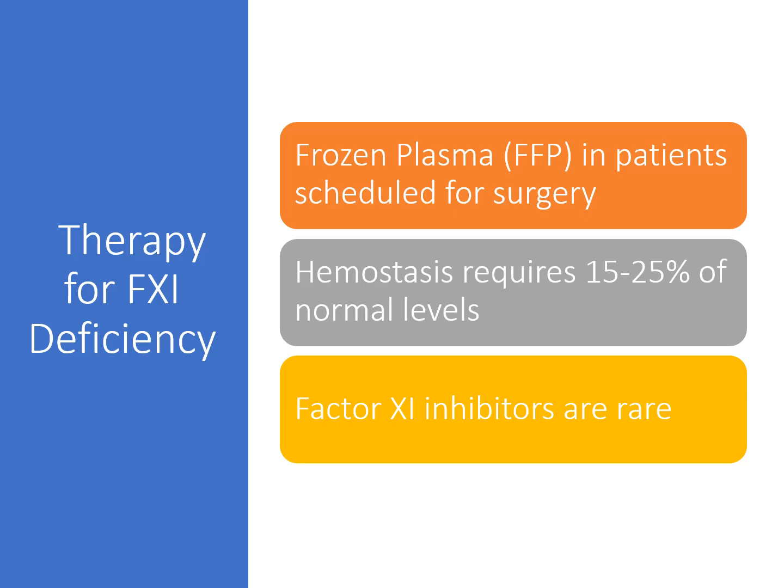Hemostasis typically only requires 15 to 20% of the normal levels, but again, remember, it doesn't necessarily correlate with the factor activity levels and the severity. So there are a lot of things that have to be taken into consideration with regard to the patient's history. And again, factor 11 inhibitors are pretty rare.